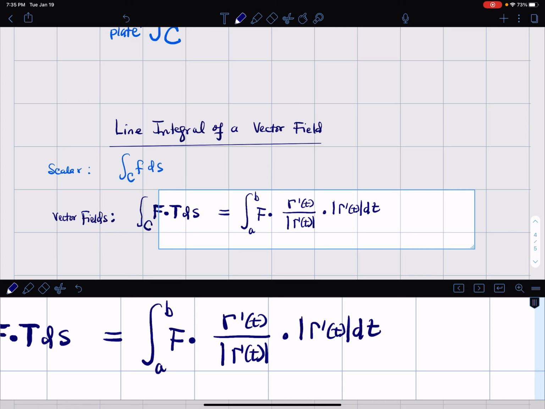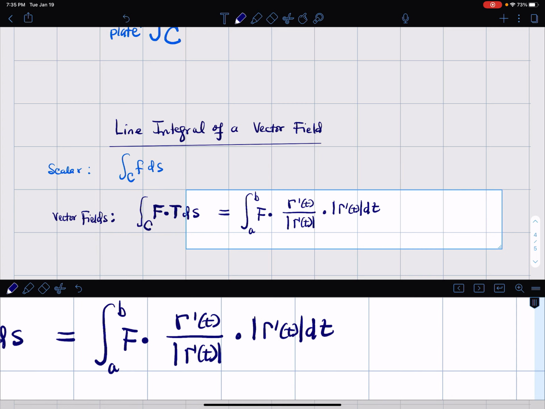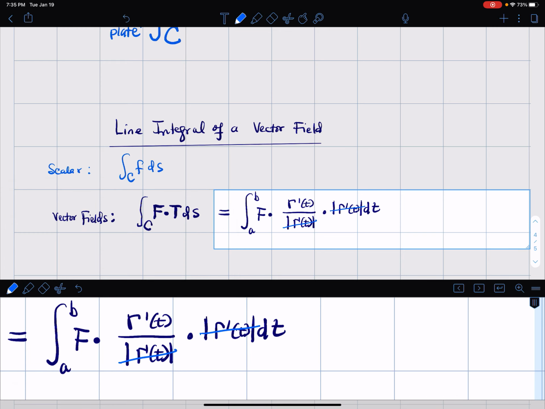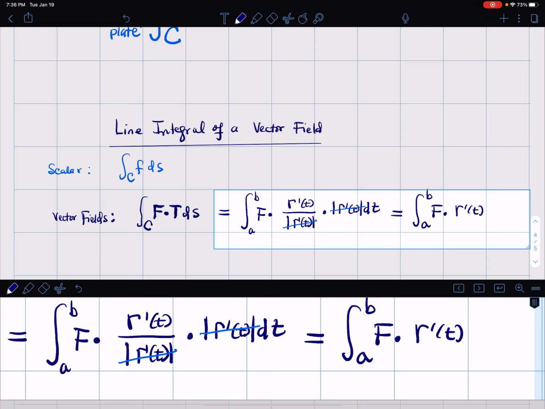So when you cross things out, this and this will cancel out, and you end up with the integral from A to B of f dot r prime of t dt. All right?